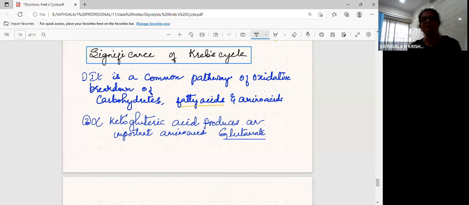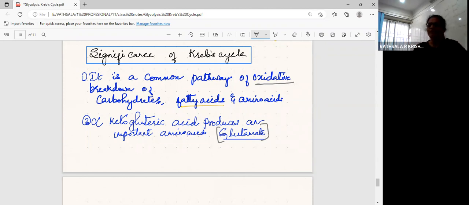So what is the other significance? It's a common pathway of oxidative breakdown of carbohydrates, fatty acids, amino acids. Everything breaks down and gets into the Krebs cycle. Here, alpha ketoglutaric acid produces an important amino acid, glutamate. I'm talking about the usage of every intermediate product that's formed during Krebs cycle.